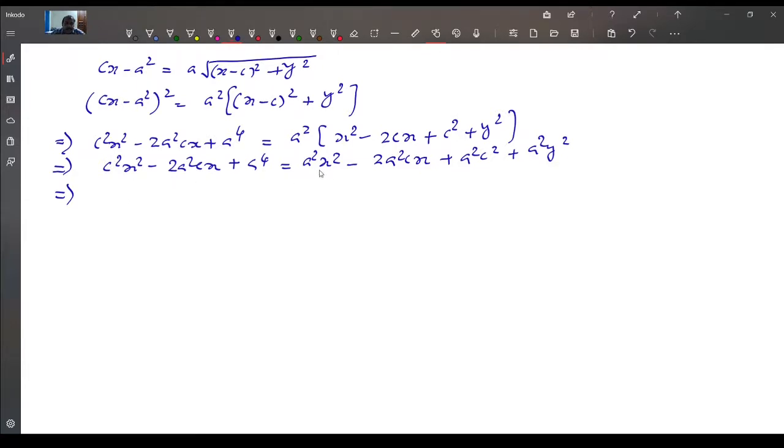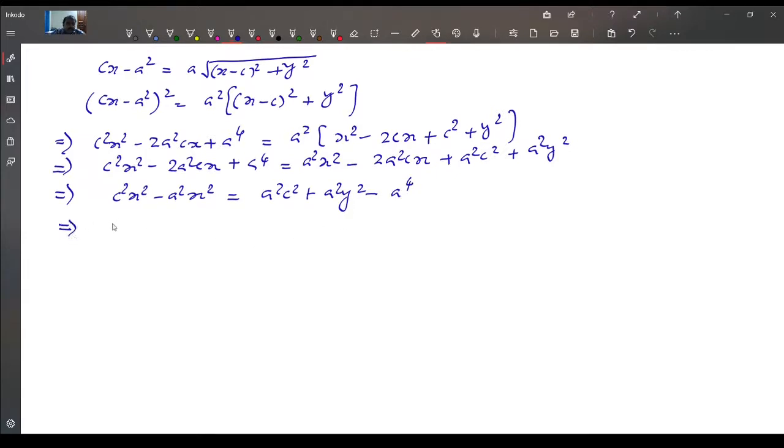You can take terms with the x square together. So c square x square minus a square x square is equal to, you take a raised to 4 to this side, so you are getting a square c square plus a square y square minus a raised to 4.